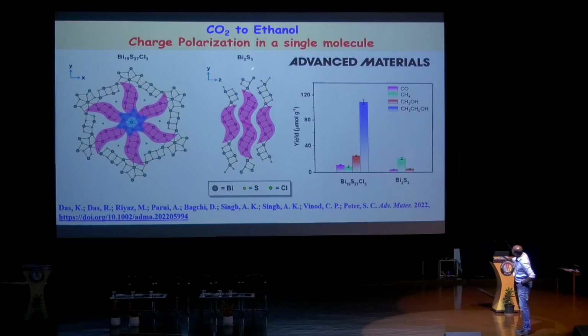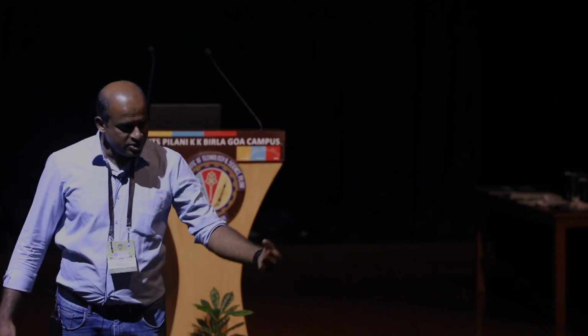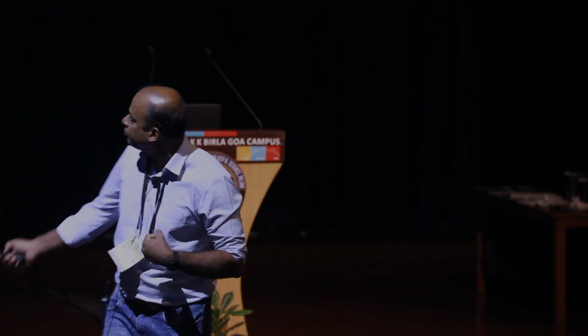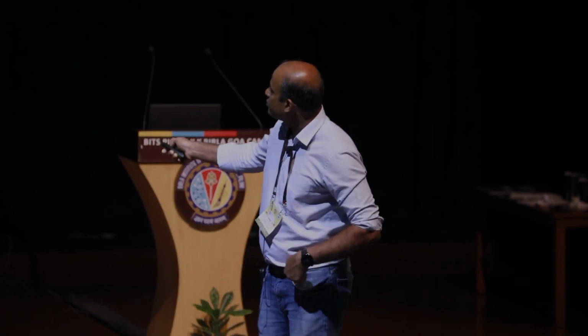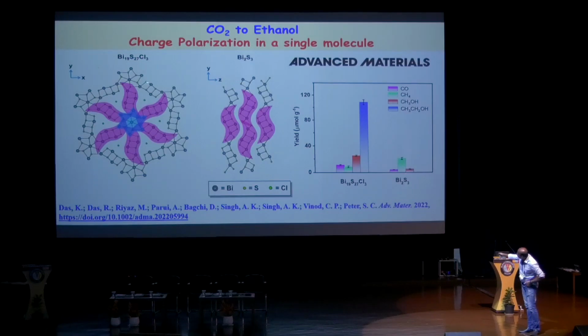Another molecule we designed. This is another example, Bi2S3. Again, this compound was already reported. So as a chemist, how do you modify the compound in favor of the chemical you are looking for? You can see it's a kind of ladder structure. We introduce chlorine into that one. The structure changes. During that structure change, this bismuth 3 plus changes to bismuth 2 plus here, and bismuth 3 plus delta plus and 3 plus delta minus, a charge polarization.